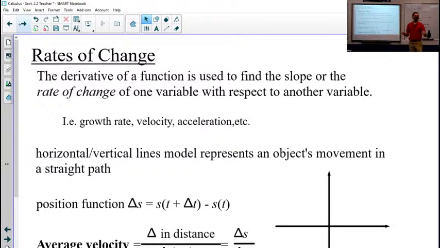If I knew the velocity, if I knew the change in position over time, what would the derivative of that tell me? How much the velocity is changing over time.